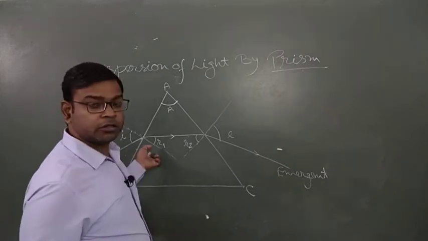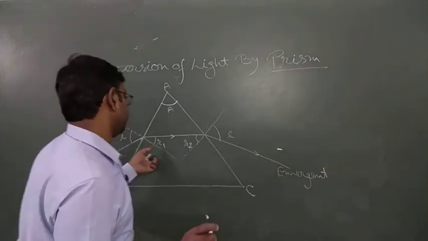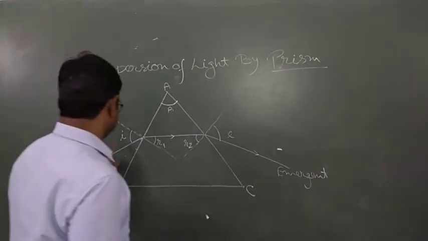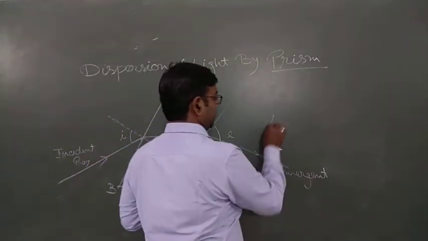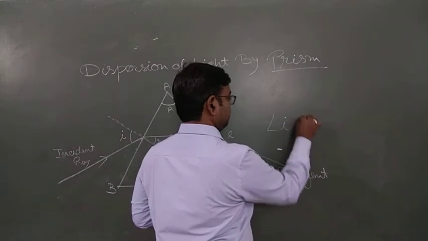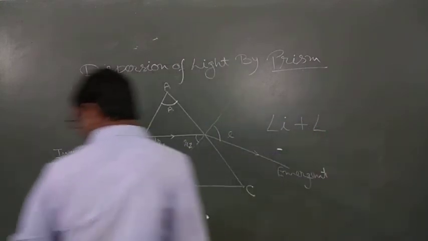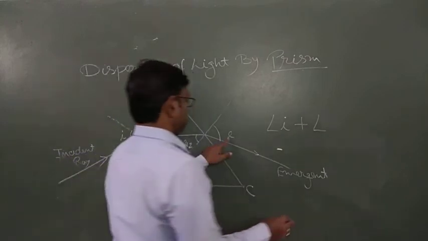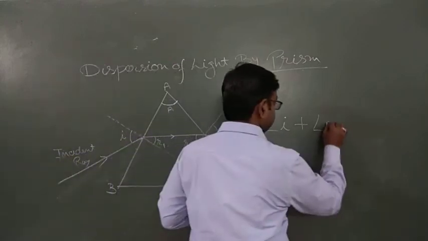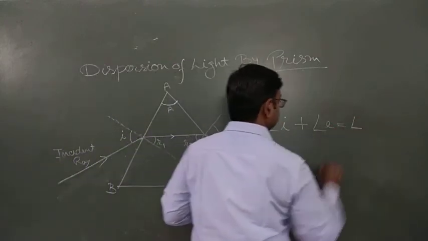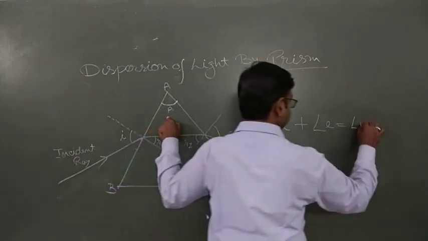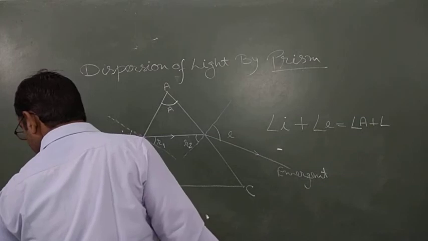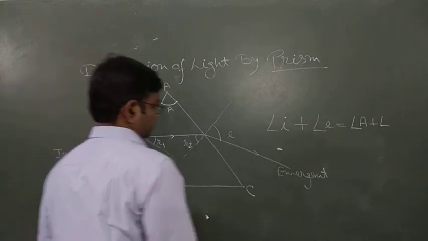Prism works on the laws of refraction, and there is a formula for prism that angle of incidence I plus angle of emergence E is always equal to angle of prism A plus angle of deviation.